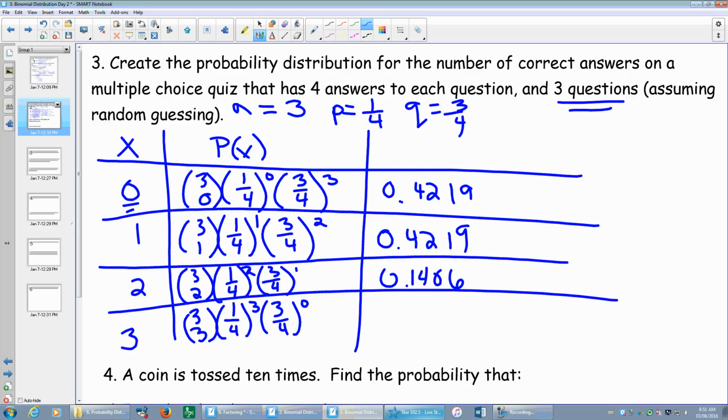What do you get? Powell, you doing okay? No. 0.0156.